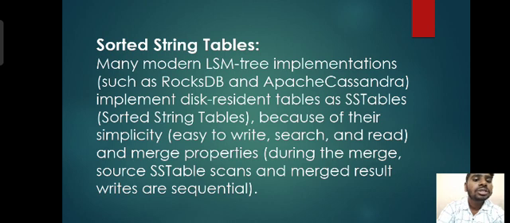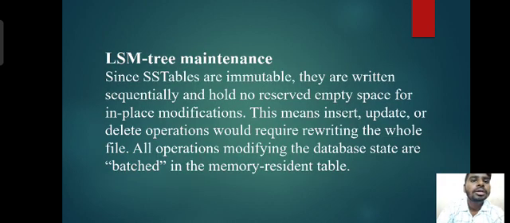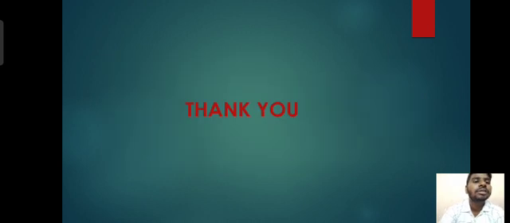During the merge, source SSTable scans and merge result writes are sequential. LSM tree maintenance. Since SSTables are immutable, they are written sequentially and hold no reserved empty space for in-place modifications. This means insert, update, delete operations would require rewriting the whole file. All operations modifying the database state are batched in the memory-resident table.